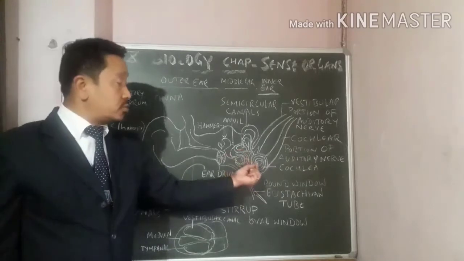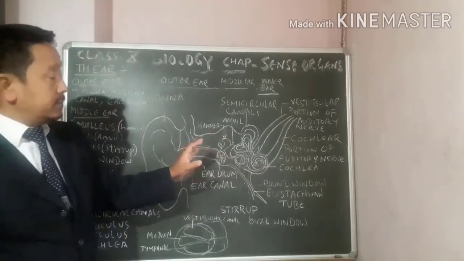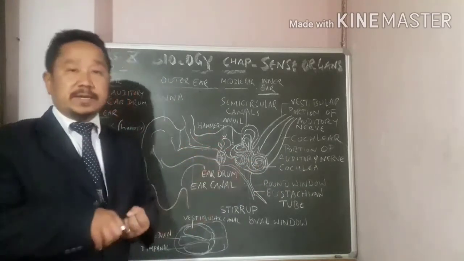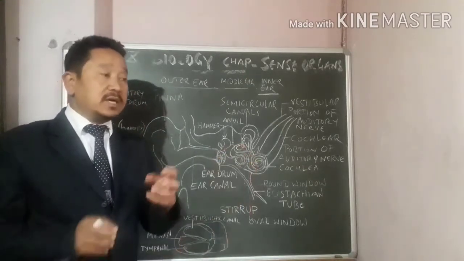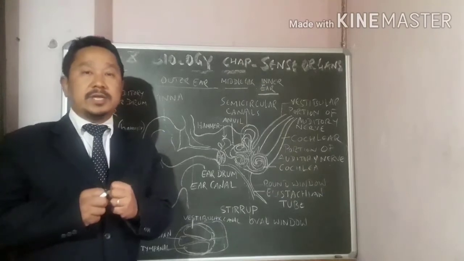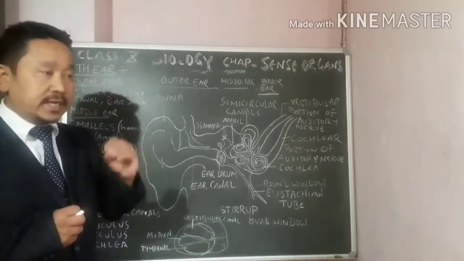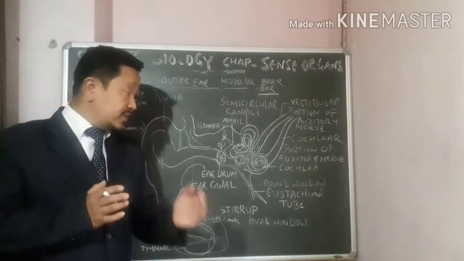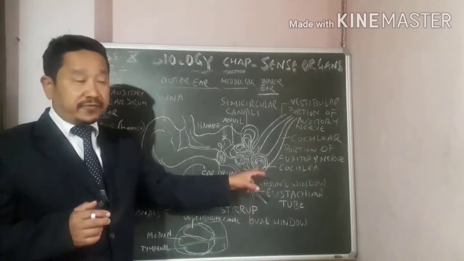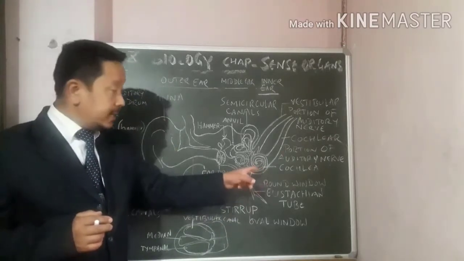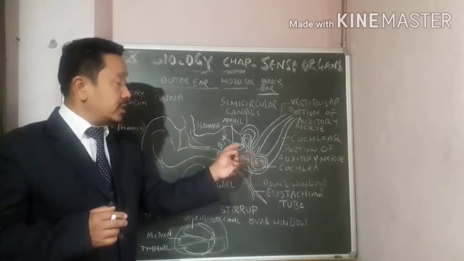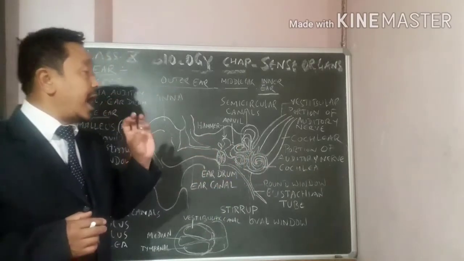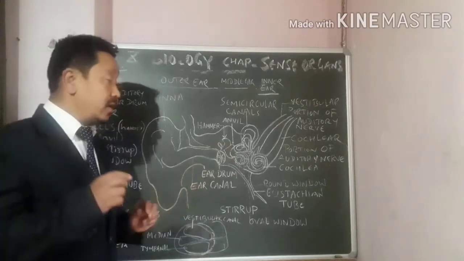This cochlea is spiral shaped, as you see here, something like a snail shell. What do you call it? Snail shell, you must have seen something like that. Its shape is like that. And the canals out here make 2.5 turns.